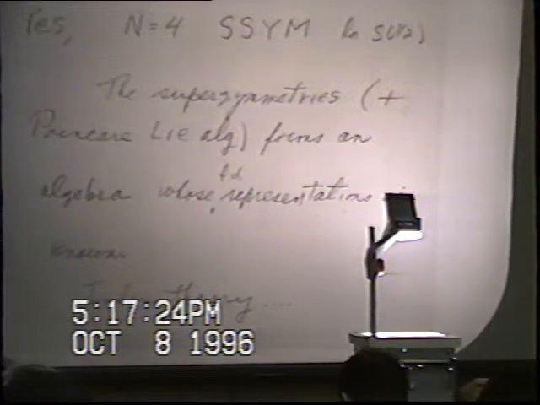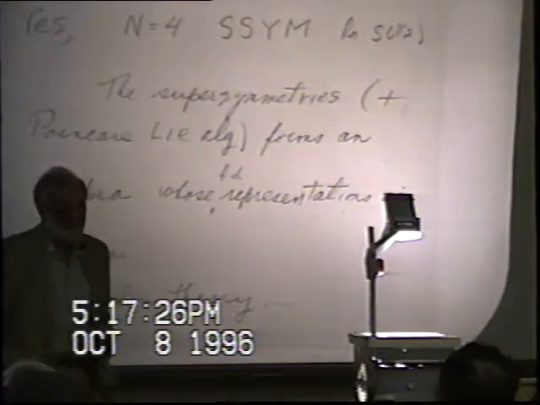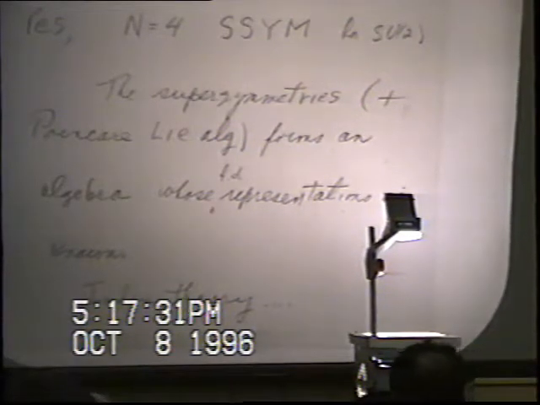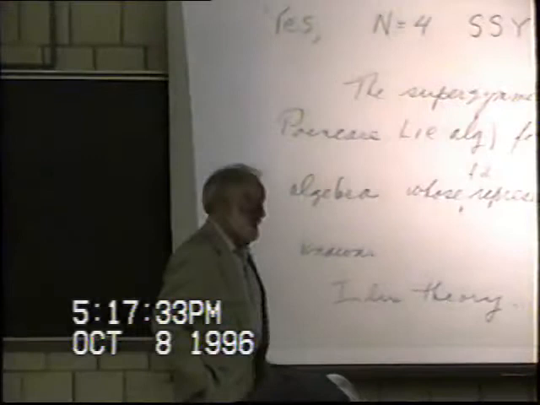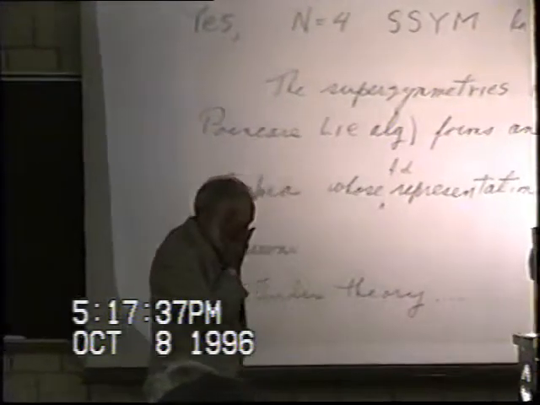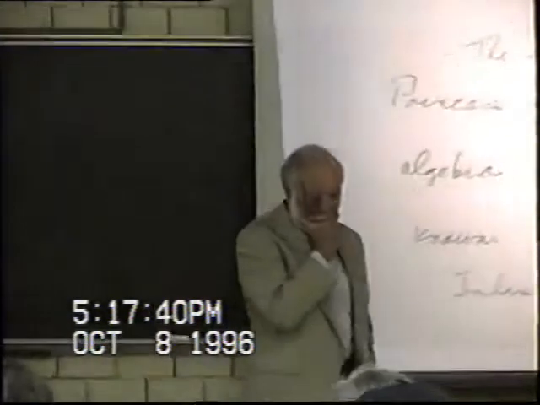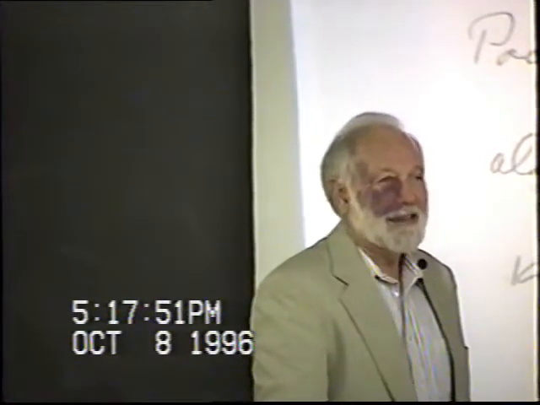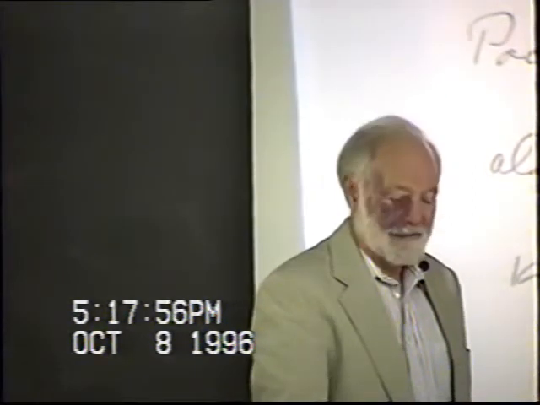What happens is that you can study the finite dimensional representations of these algebras, and you have reason to believe that one of the representations of this algebra actually is stable and doesn't change under quantum corrections.